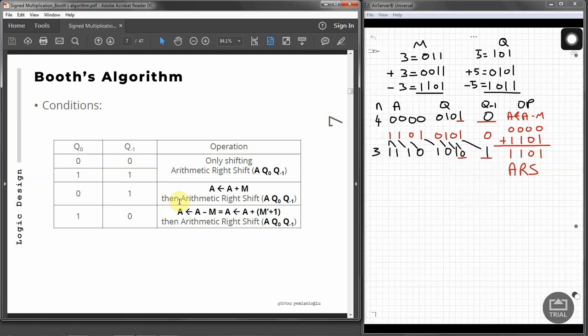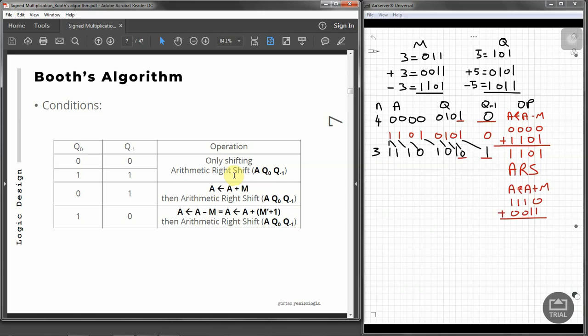The last two bits, it's 0 1. 0 1 means A plus M. So the next operation is A plus M. Our A is 1110, and then our M is 0011.